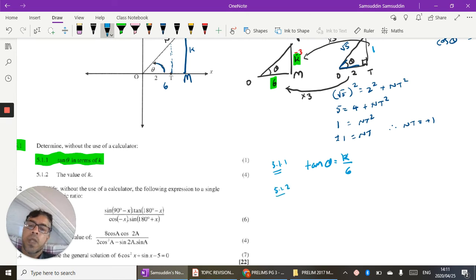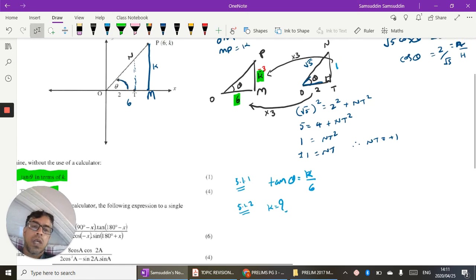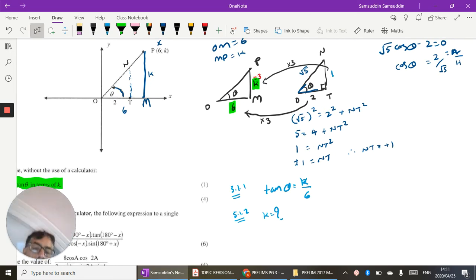For 5.1.2, I'm looking for the value of k. Solve for k. That is what I got from the second triangle. Whatever I have worked out, I'll compile nicely and put as my answer.